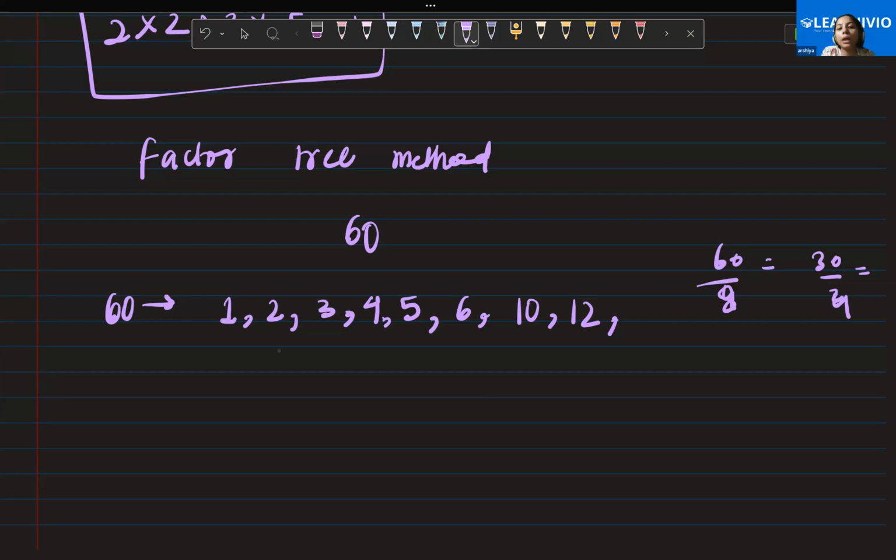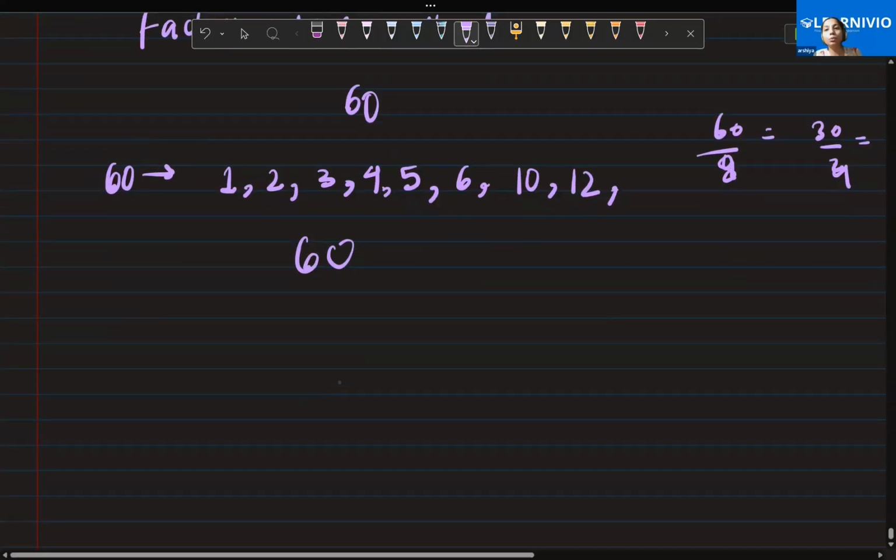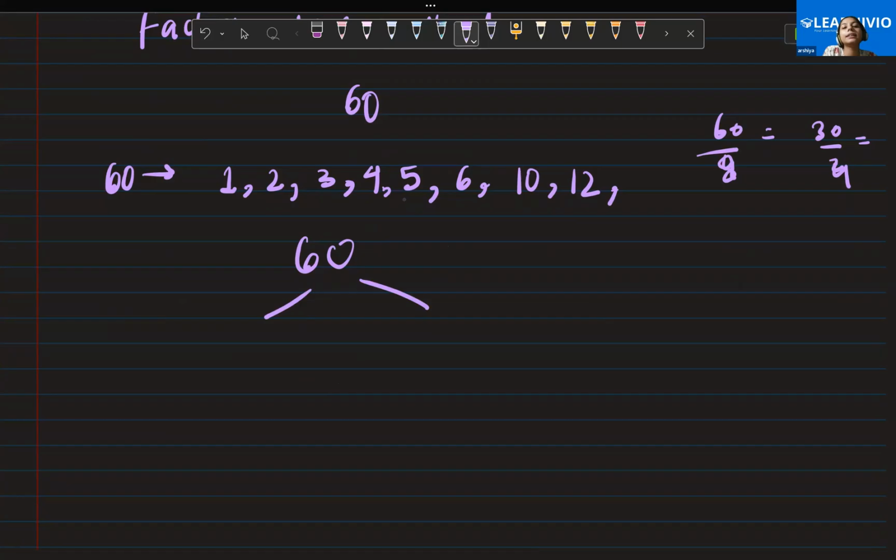Now, I will choose one pair of factors. First I'll write 60 and I have to find any two numbers that we are multiplying to get 60. So, if I take, let's say, 5, 5 multiplied by 12 is 60. Or let's take something you already know.